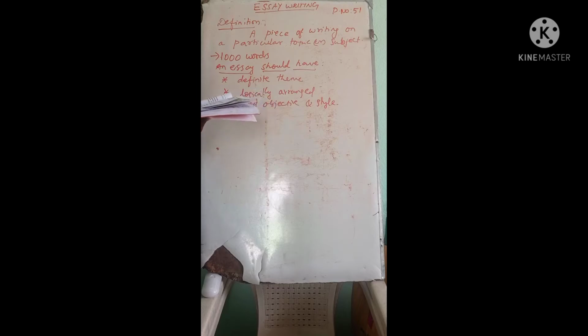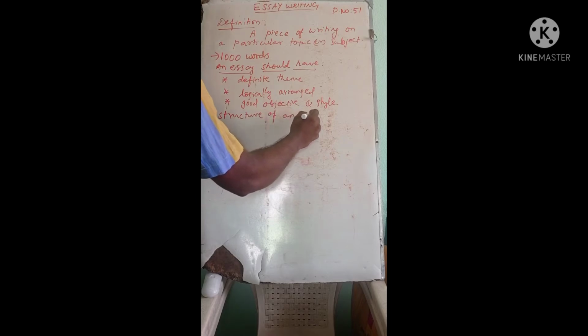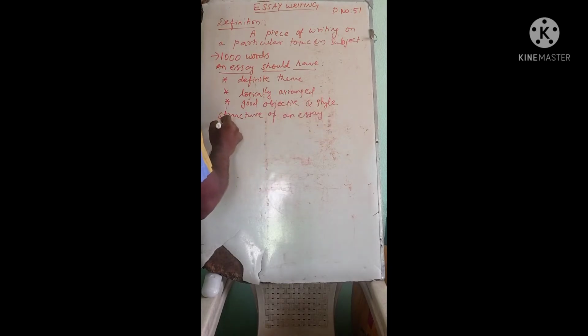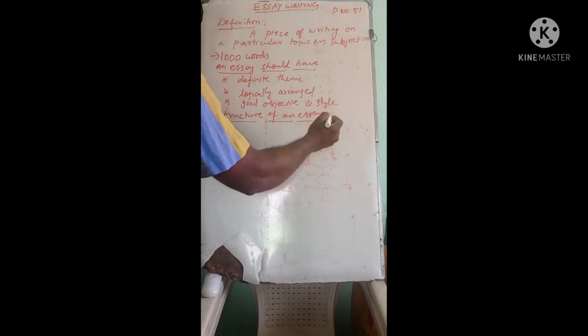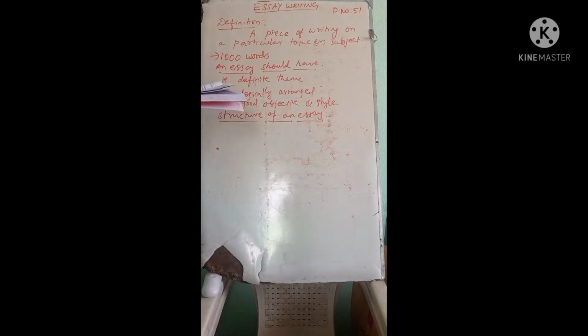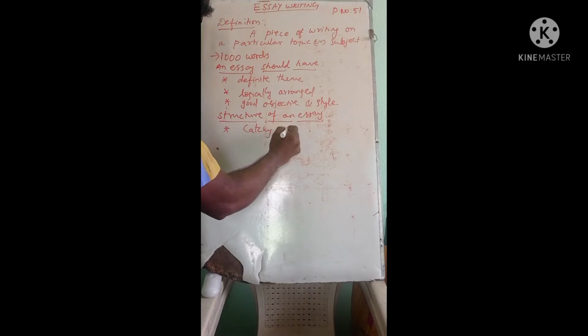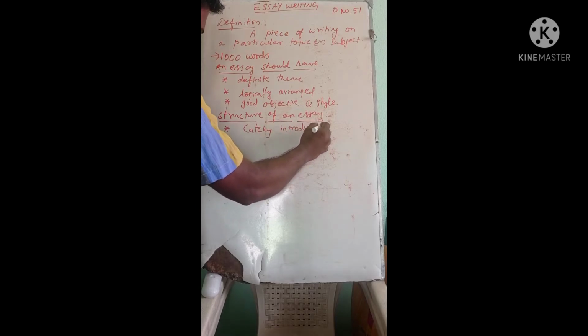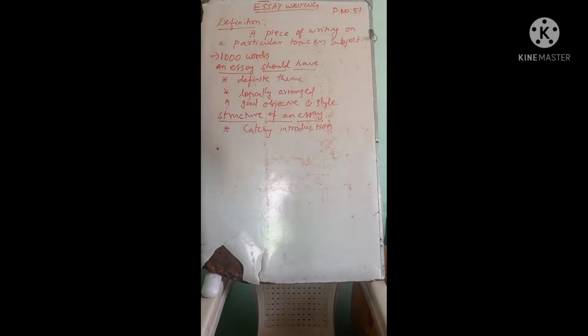Next thing, the structure of an essay. It should have a catchy introduction. Catchy introduction in the sense that in the introduction itself, you should catch the attention of the reader.